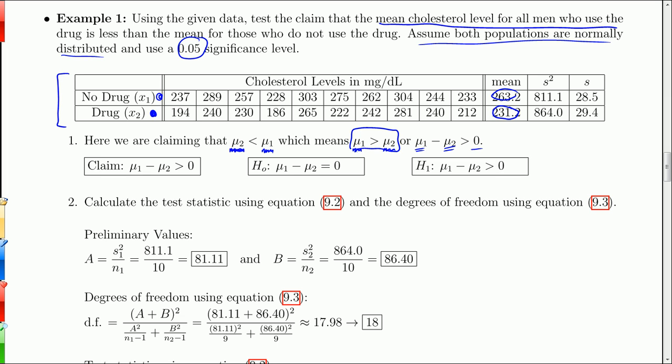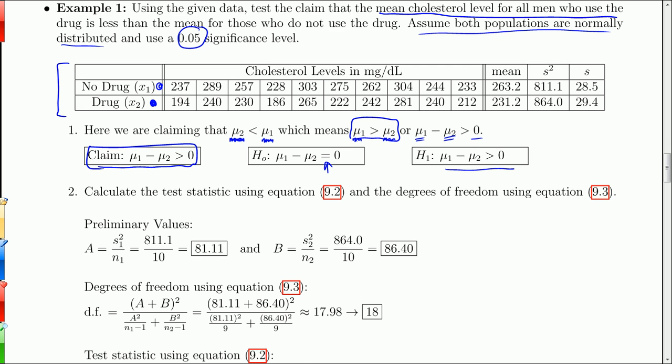If I subtract the mean for all men who took the drug from the mean for all men who did not take the drug, it would be greater than 0. So my claim looks like mu1 minus mu2 is greater than 0. My null gets the equal sign. My alternate gets the claim because it can without being the same as the null.